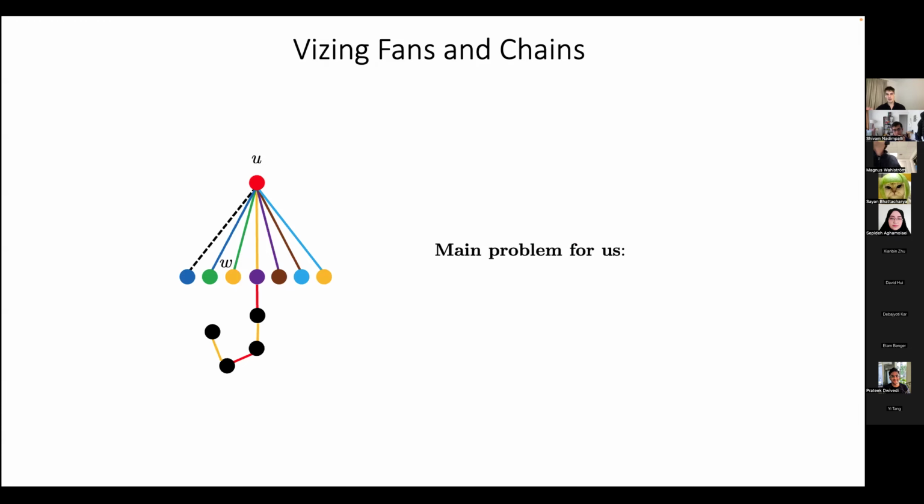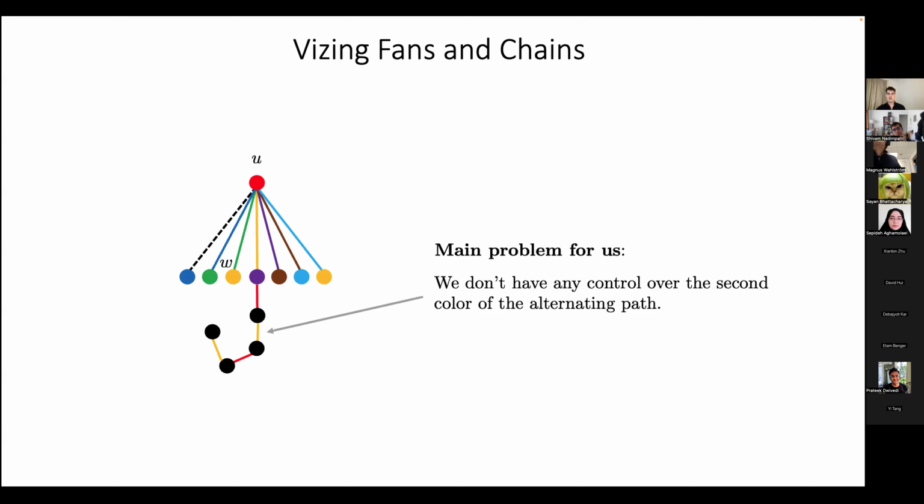But what I want to emphasize here is that the main problem with this Vizing fan construction is that we don't have control over what the second color in this alternating path is, right? One of the key things in our previous algorithm was that the time it took to extend the coloring to all of these alpha-beta socialized edges was only big O of n.